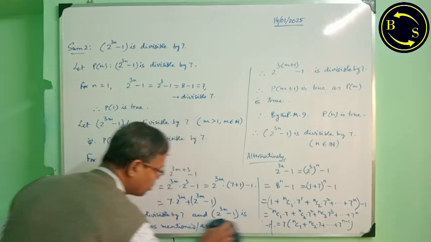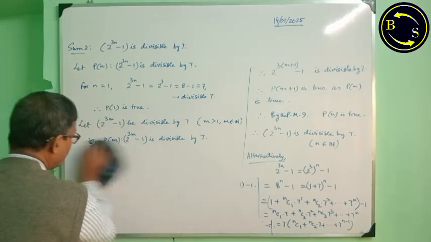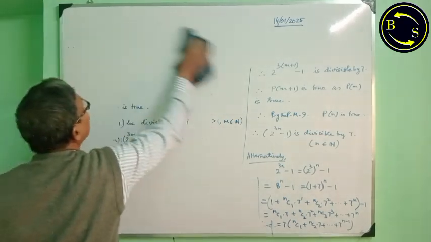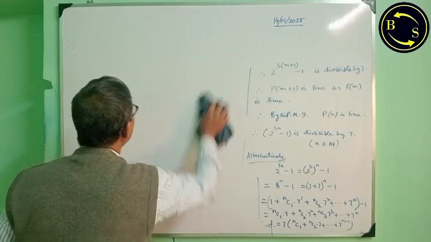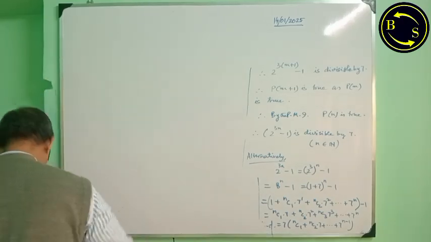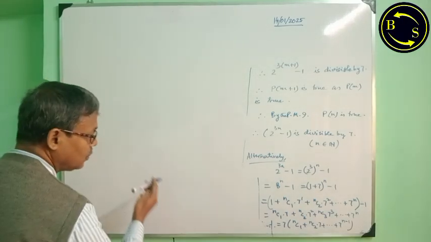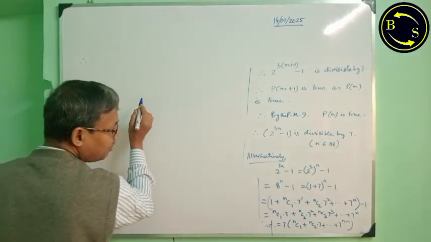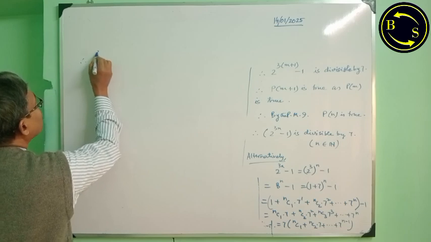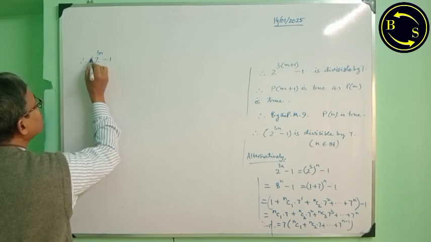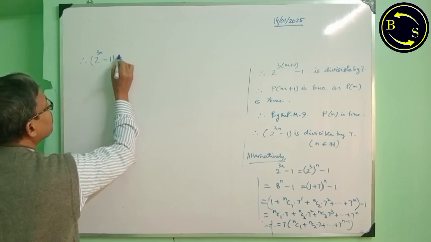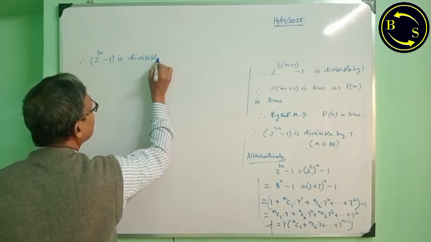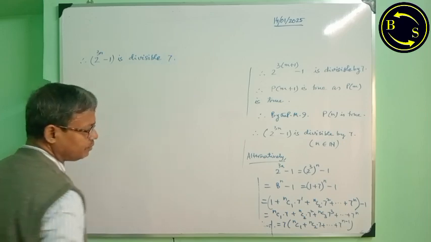Finally, we can write, let me write this. Therefore, the conclusive step is 2 to the power 3n minus 1 is divisible by 7.